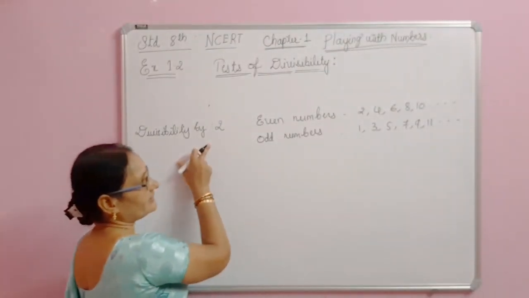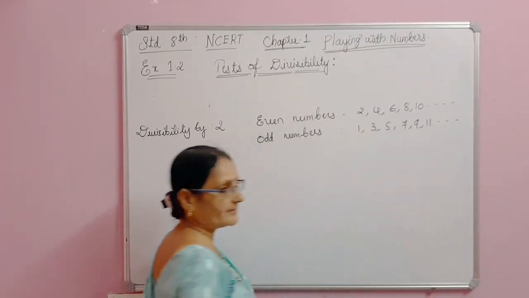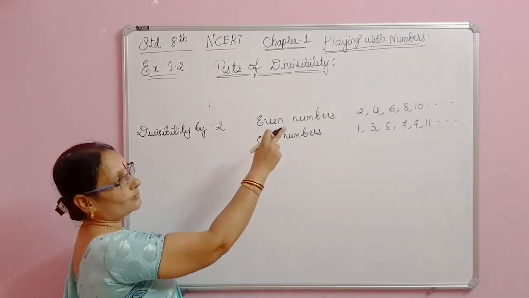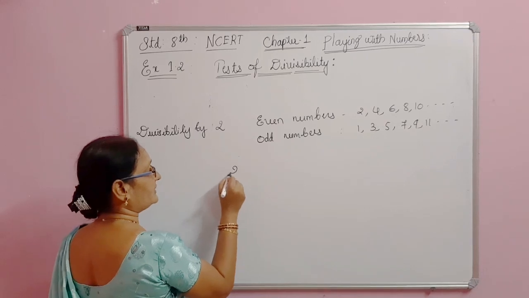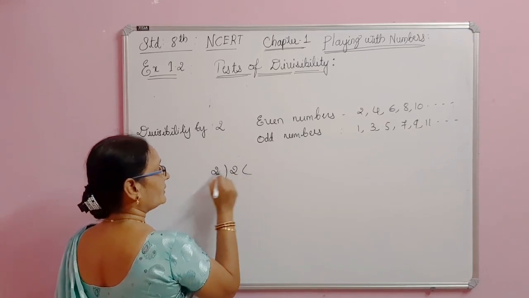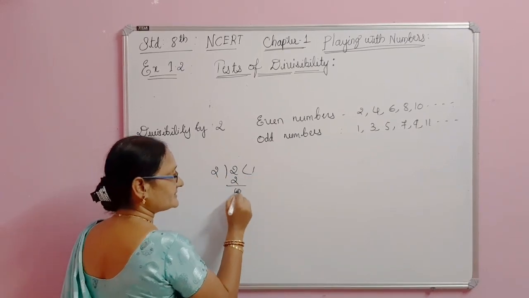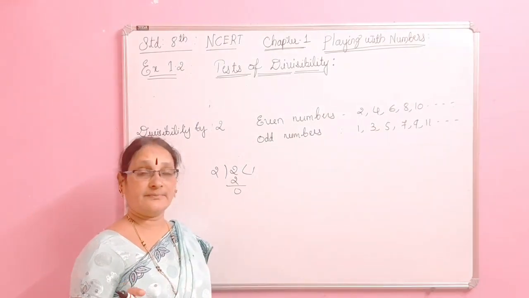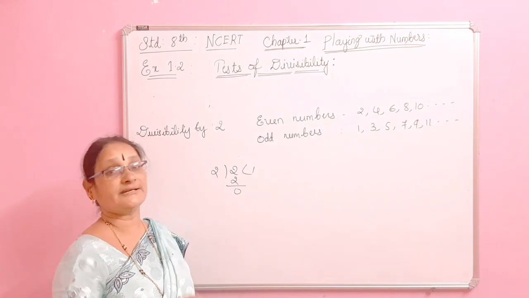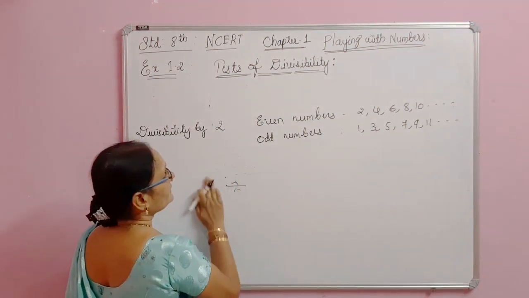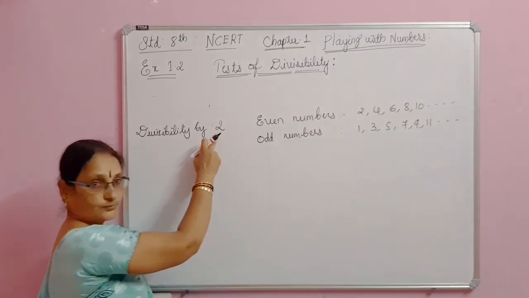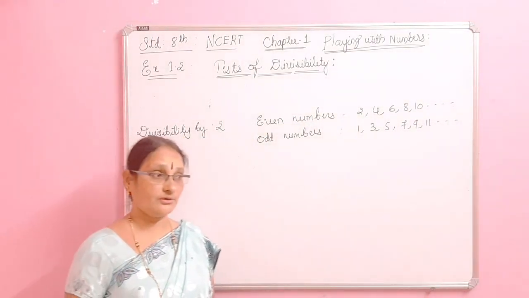You just observe here, all these even numbers are divisible by 2. How? Suppose you are dividing 2 by 2. 2 ones are 2. Remainder is 0. Divisibility means completely divisible; the remainder must be 0. Like that, all the even numbers you observe are divisible by 2. So what can we conclude?